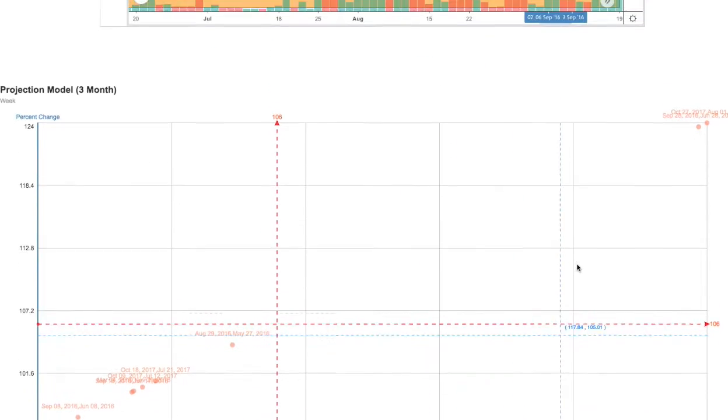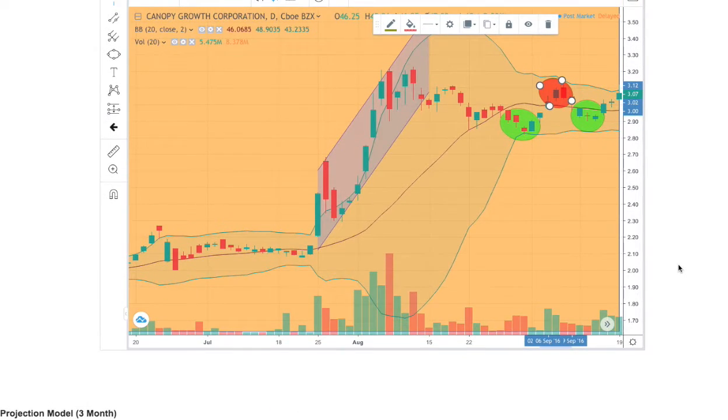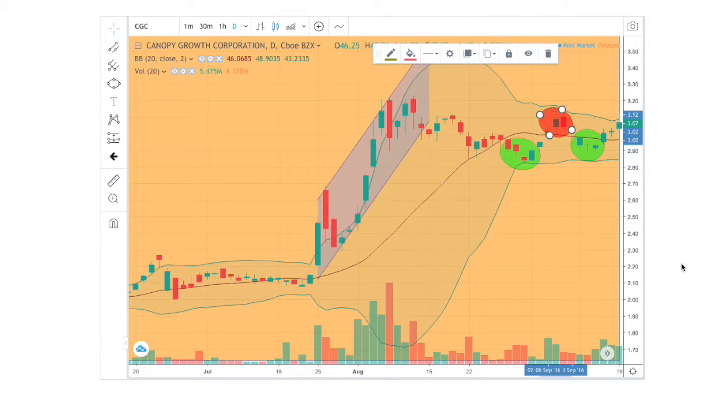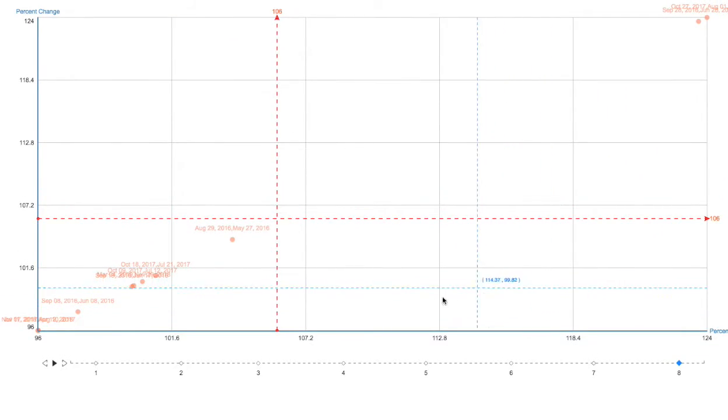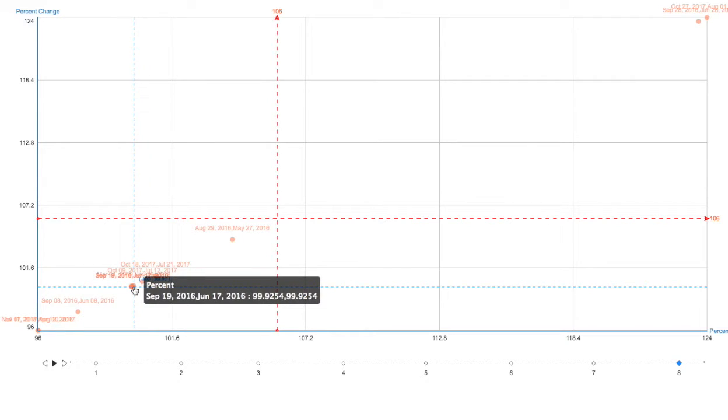The trend that we took a look at, this trend is November 29th, 2018 to September 19th. Oh, excuse me, I read the wrong date. September 19th to June 17th, 2016. So let's see that here. It's clustered in this gap here.